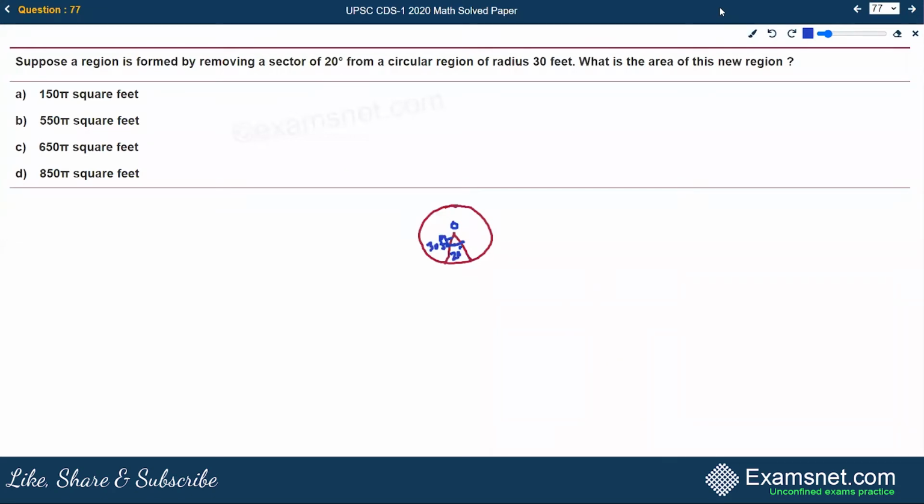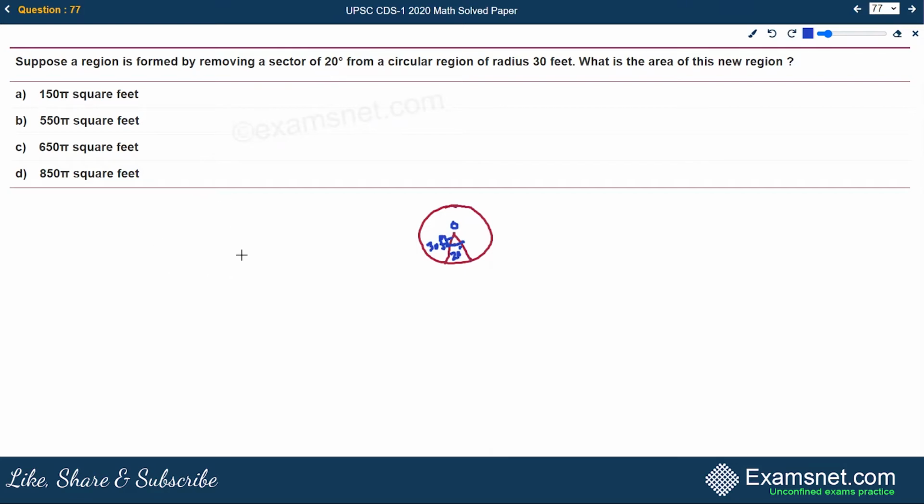In question number 77, it is given that a region is formed by removing a sector of 20 degree from a circular region of radius 30 feet. What is the area of the new region? First of all, what is a sector in a circle?